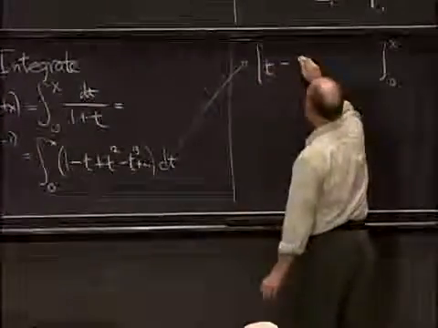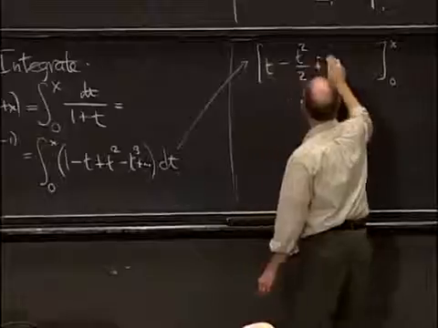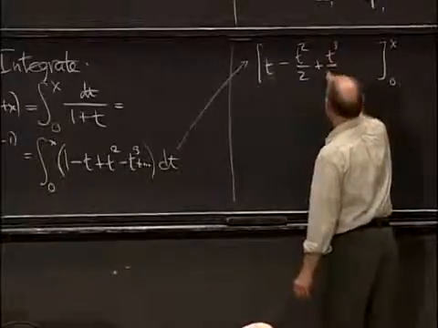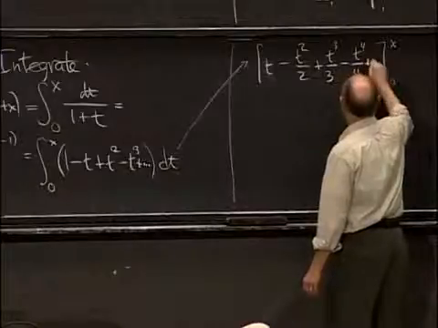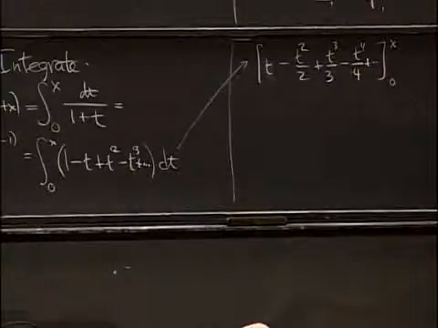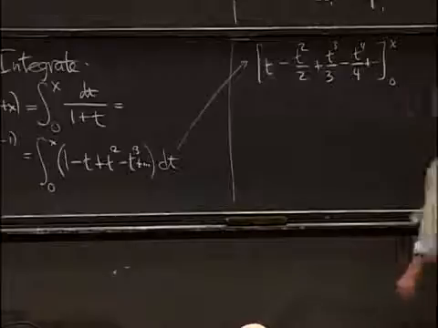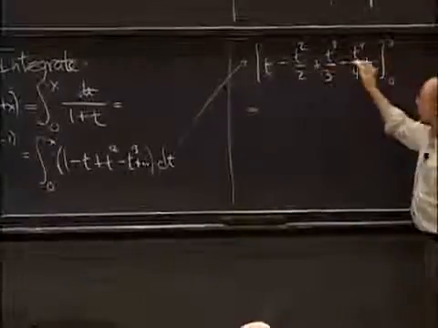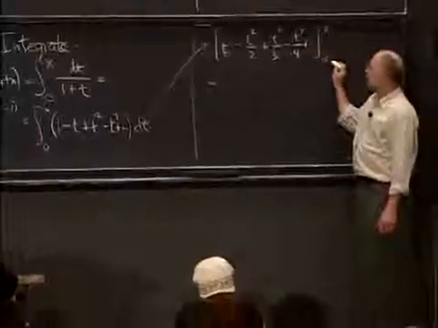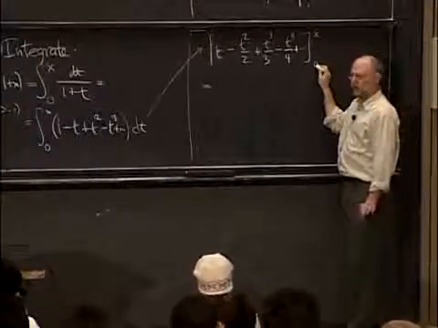When I integrate t, I get t squared over 2. t squared gives me t cubed over 3, and so on and so on. And then when I put in t equals x, I just replace all the t's by x's. And when I put in t equals 0, I get 0.